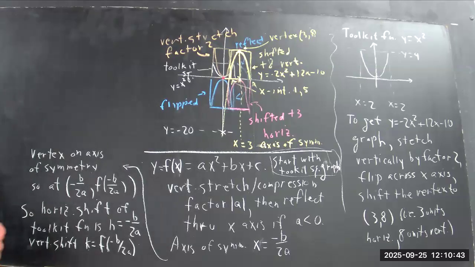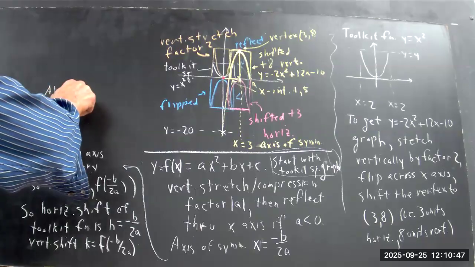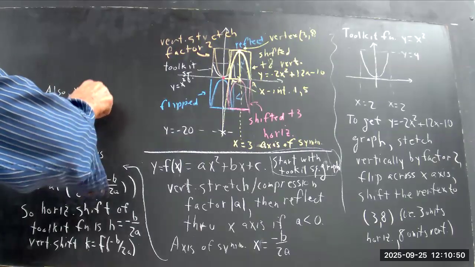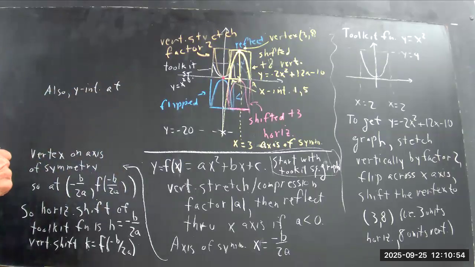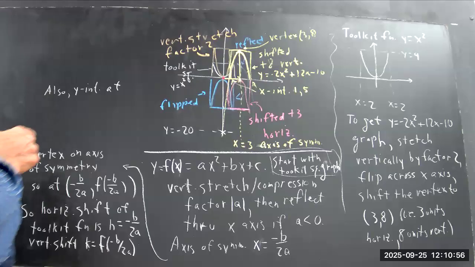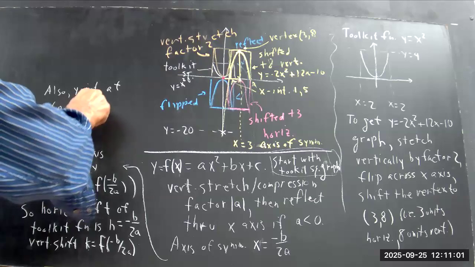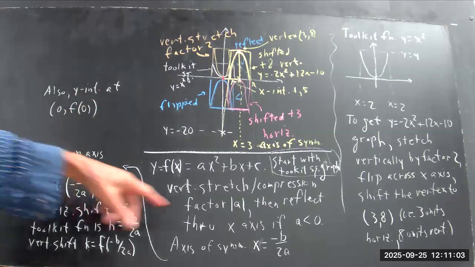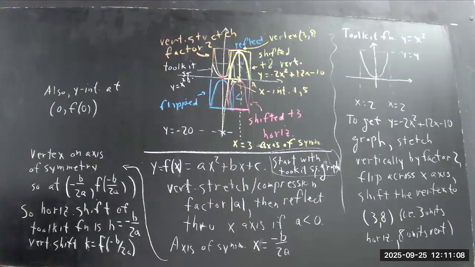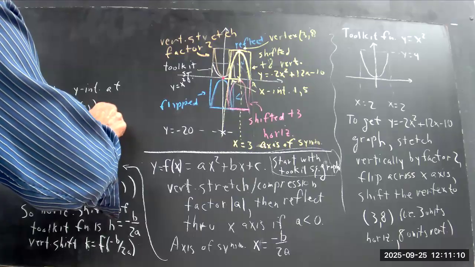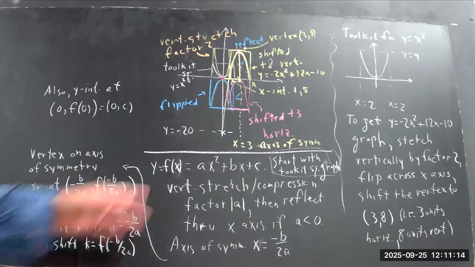Also, the y-intercept is at 0, f of 0, which means you plug in 0 here and it's going to be c, in this case, if this is your equation.